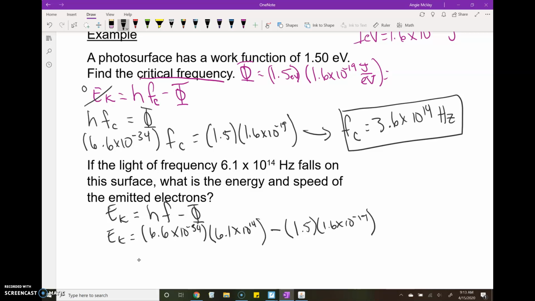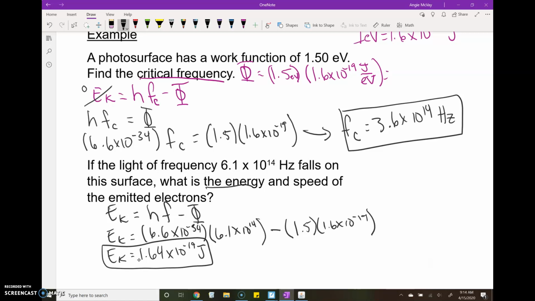So we can get our kinetic energy here, which is 1.64 times 10 to the minus 19 joules. That's the kinetic energy. But this question is asking, what is the energy? Okay, cool, we got that.